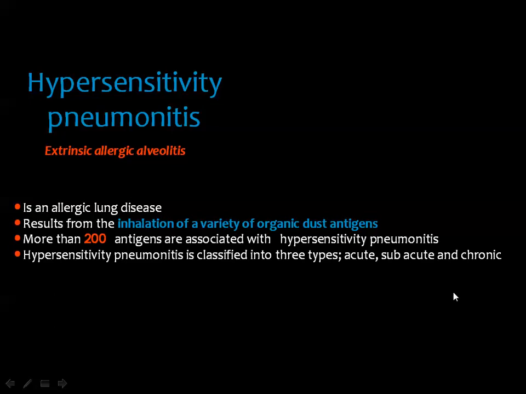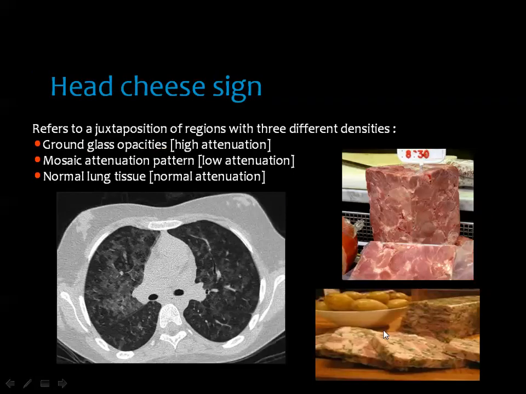The disease is divided into three phases: the acute phase, the subacute phase, and the chronic phase. The changes in the lung are in the form of ground glass opacities alternating with areas of low attenuation as well as areas of normal lung tissue.